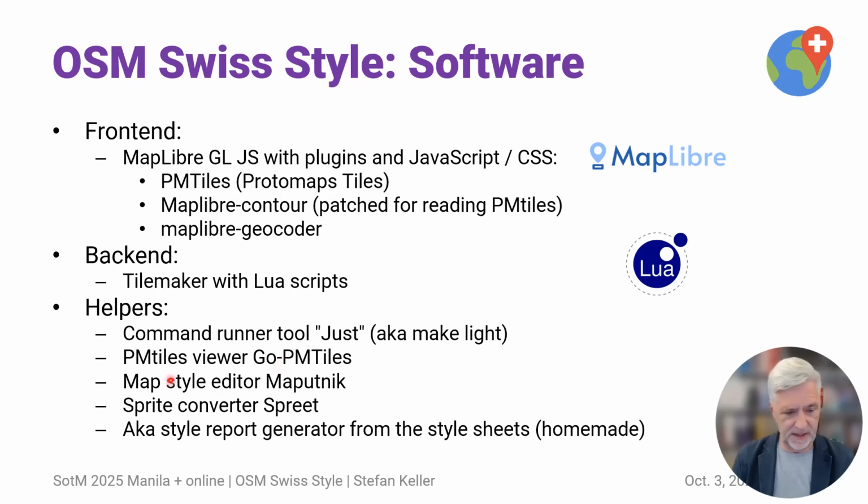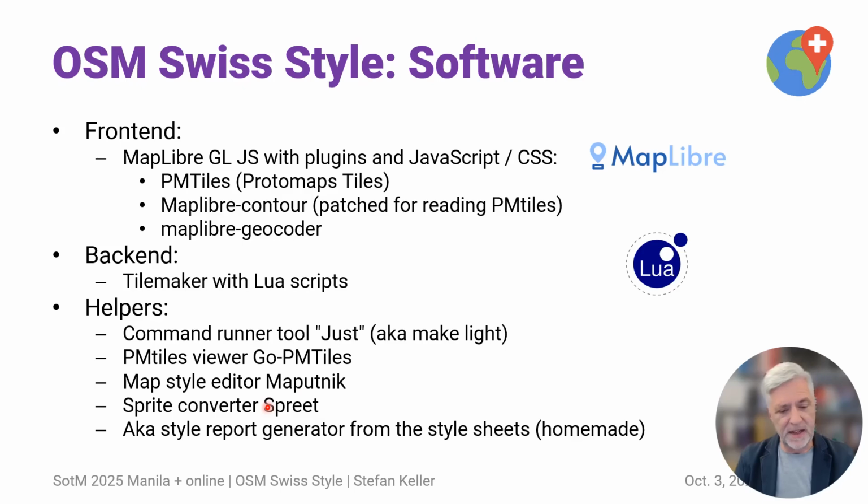We are using the map style editor MapLibre for some initial designing before we have to do that in plain text when the style becomes complex, and it will, and it went complex actually, as you expect. And then we have used the sprite converter Spreet.